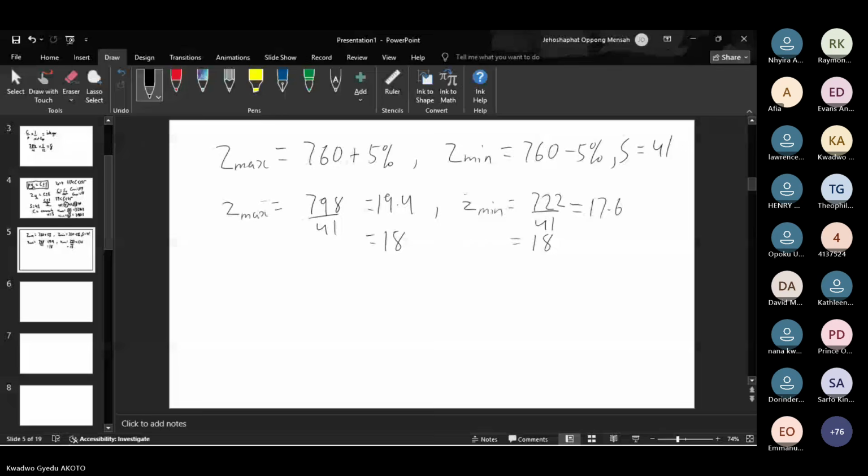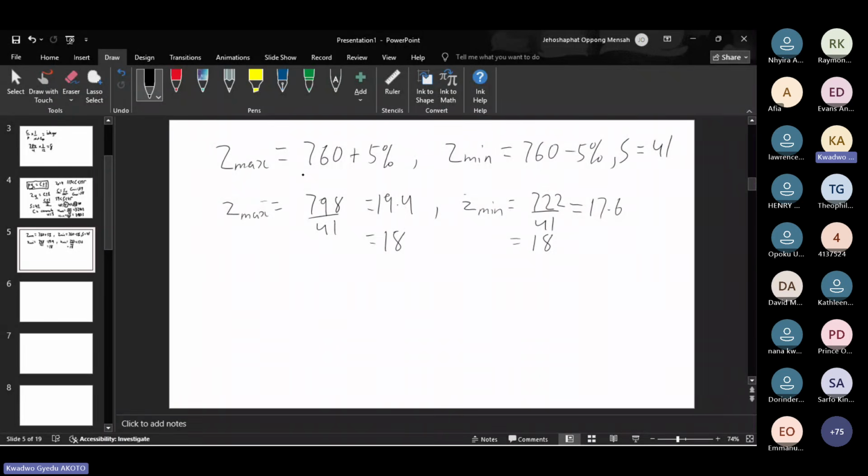Okay. We know that our total number of conductors in the machine is 760 with a tolerance of 5%, right? So that means we can have a maximum number of conductors of 760 plus 5%, and a minimum of 760 minus 5%, right?